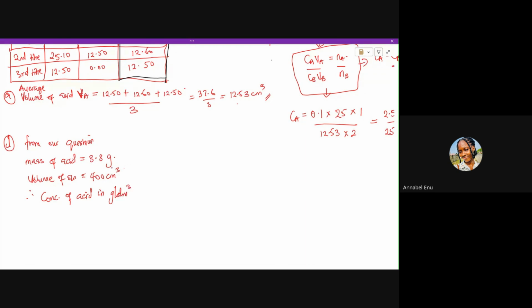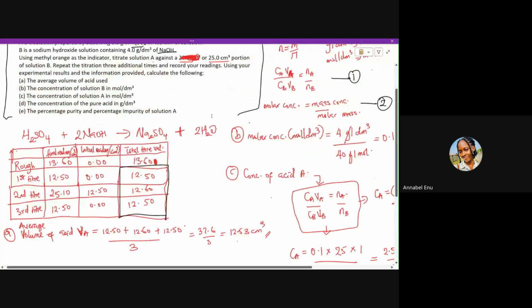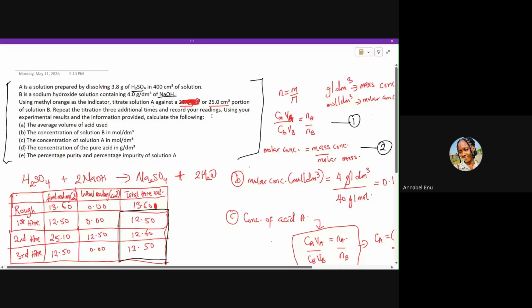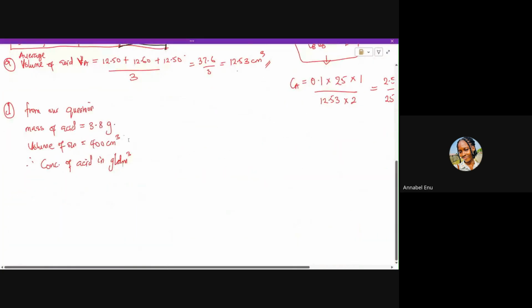That's what they said. So to get our concentration in gram per dm cube, our mass is in gram, that's fine. But our volume is in centimeters cube, not decimeters cube. So we have to make it in decimeters cube so that we'll get our acid concentration in gram per decimeters cube as well. So this will be 0.4. How do we get 0.4?